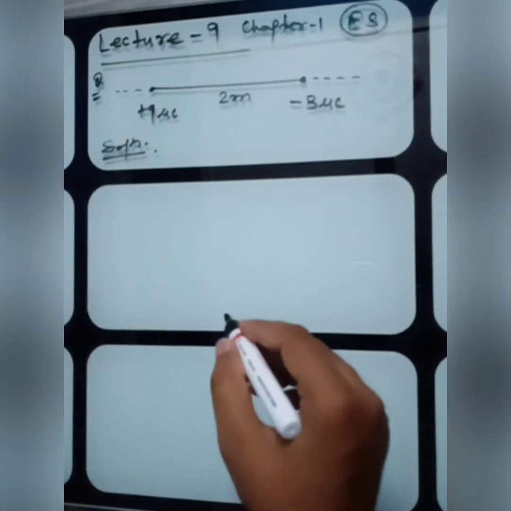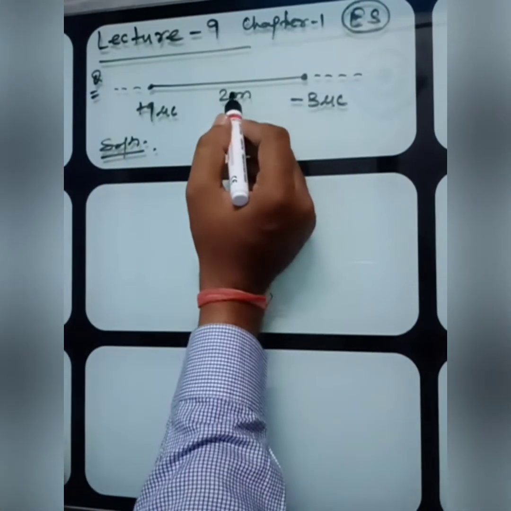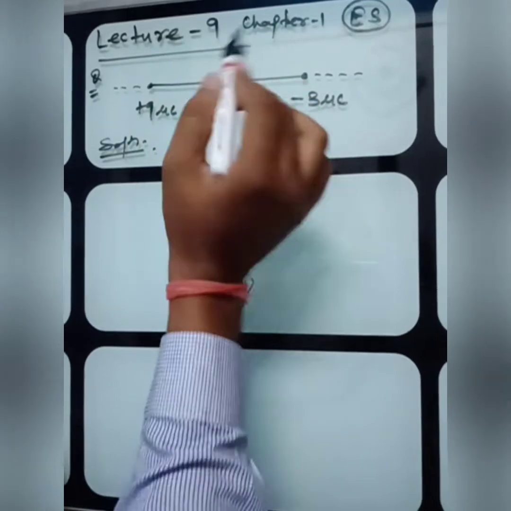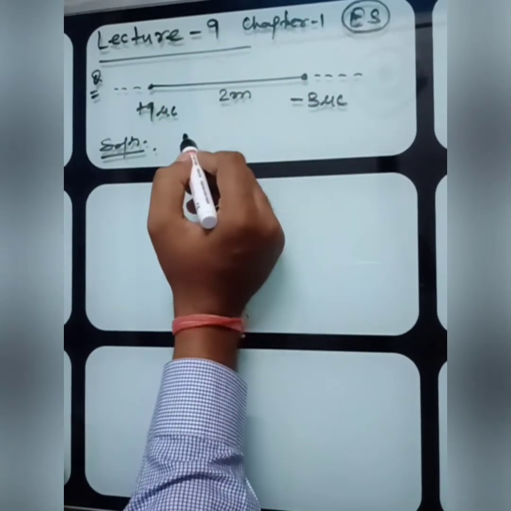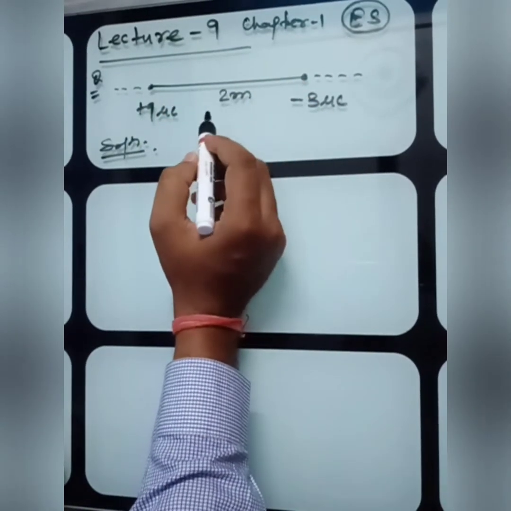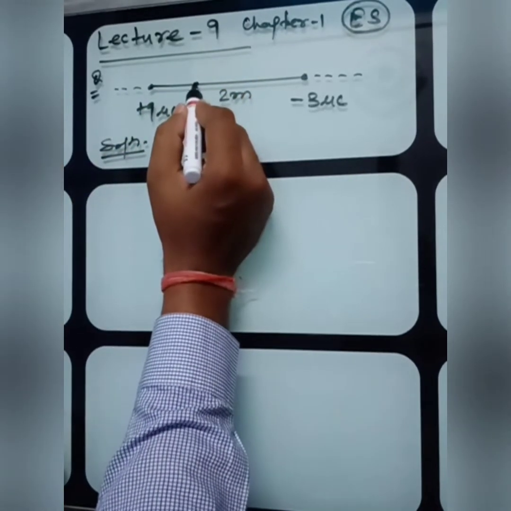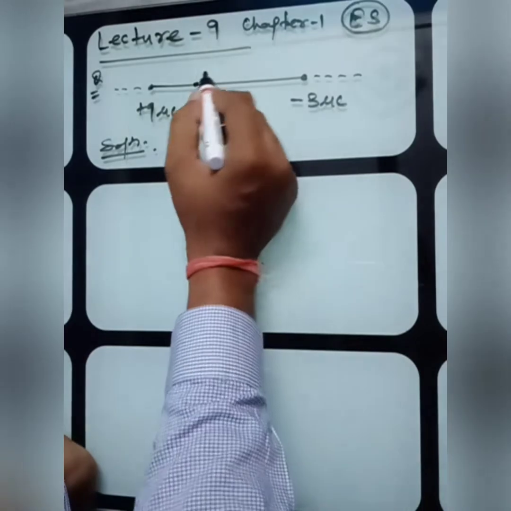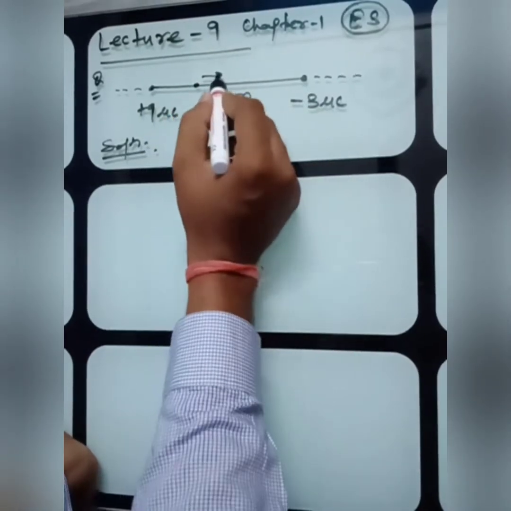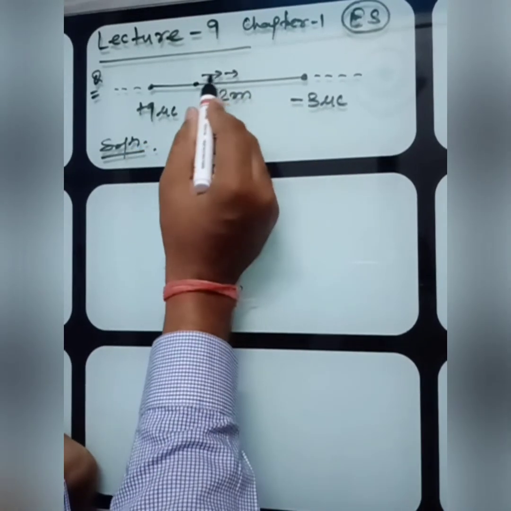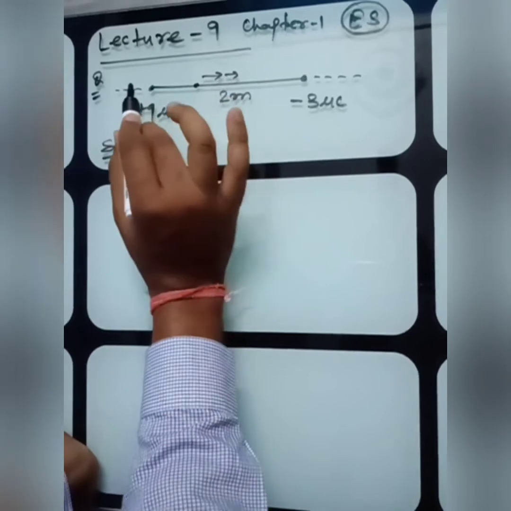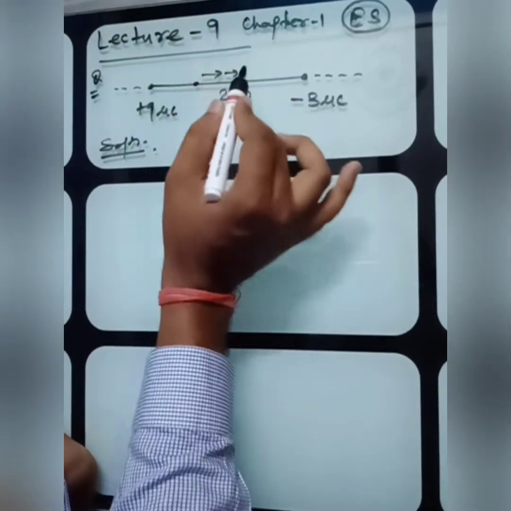First of all, students, if we place ourselves in between these two charges, can we have net field 0 at any point? Try to find out at this point. The direction of the electric field due to this positive charge will be away and due to this negative charge will be towards. So the two electric fields will be in the same direction and it will never give you net field 0.